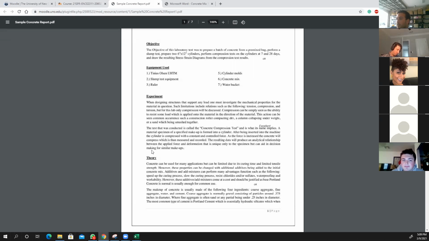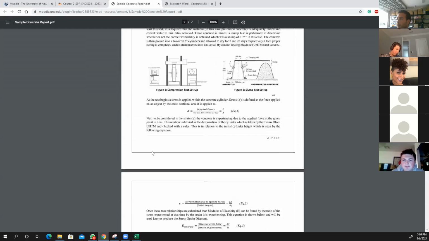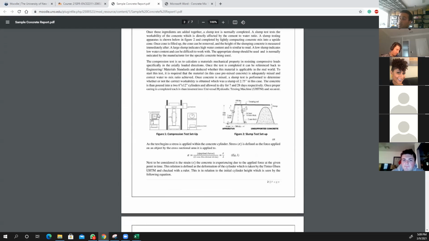Experiment is basically the procedure. You can use the pictures from the handouts or notes given to you. I will try to add more notes for your reference. And citation is required. You have to cite, using citations at the end of your report.